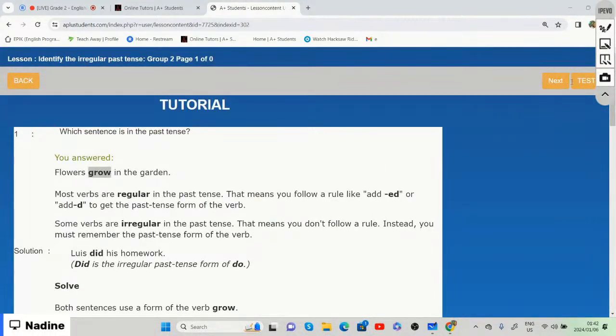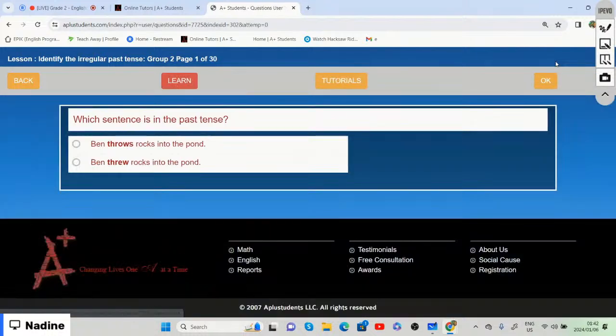Let's go to our test on identifying irregular past tense. So we're going to have to choose the sentence that is in the past tense.